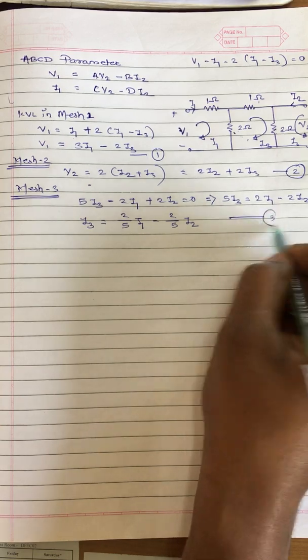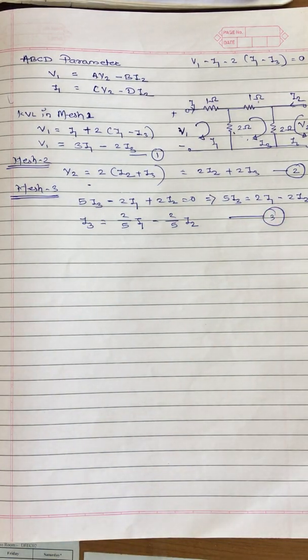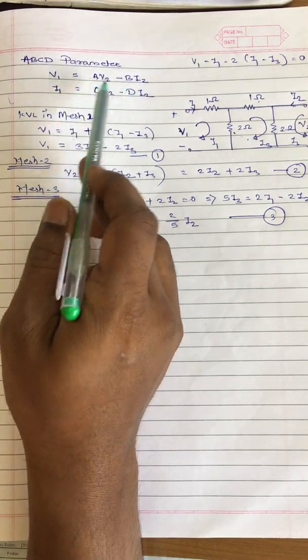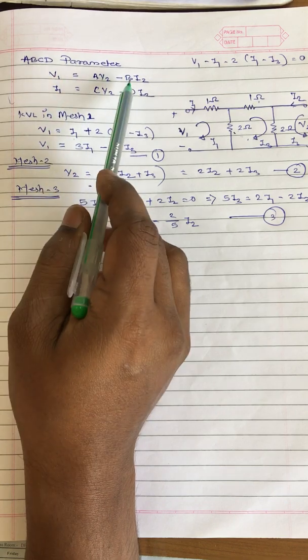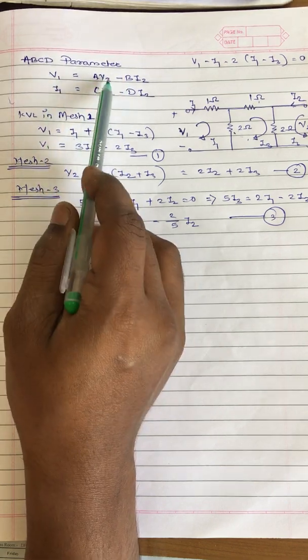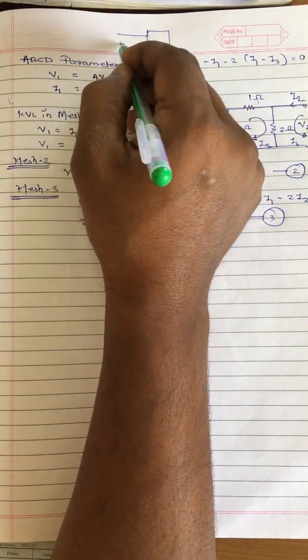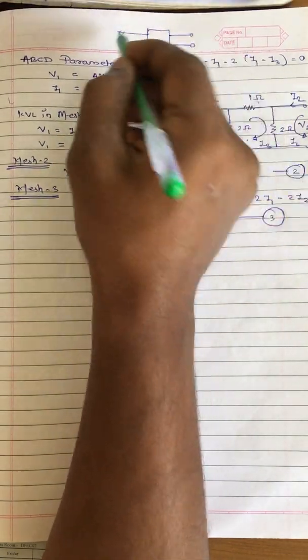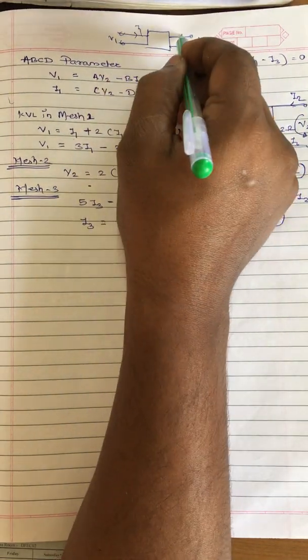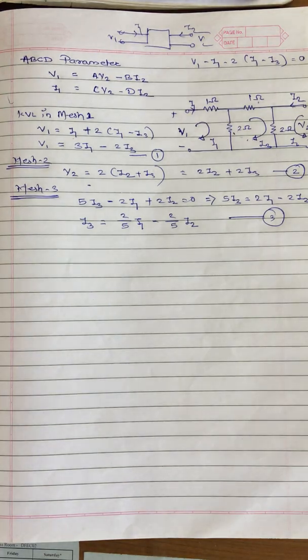This is equation 3. Now if you think logically, we need the parametric equations with only V1, V2, I1, I2, since a two-port network has only two ports.